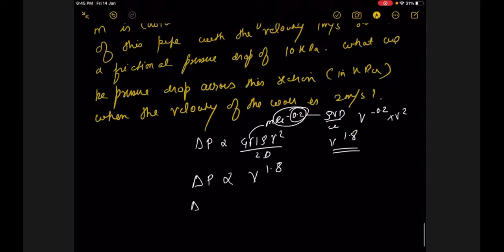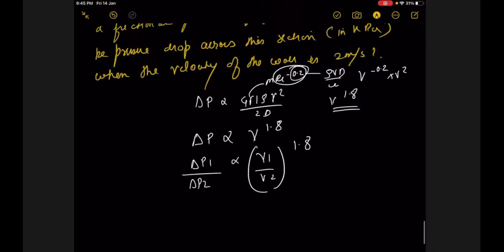So delta P1 upon delta P2 equals V1 upon V2 to the power 1.8. Now we can easily calculate delta P2 equals 34.8 kilopascal.